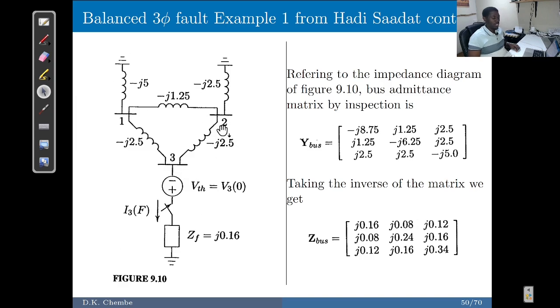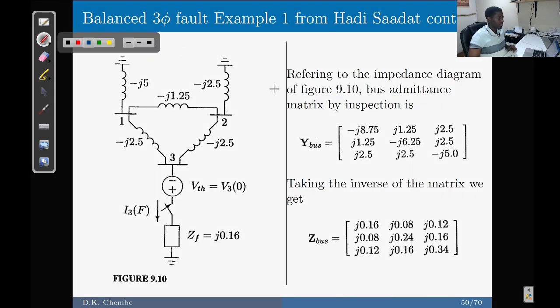For you, please repeat the process on bus 2 as well as on bus 1. Now, by inspection, we're able to determine the Y bus. I'm sure you remember how to determine the Y bus. So by this, we determine our Y bus to be as follows. This is a 3-bus system, so our Y bus is going to be a 3x3 matrix.